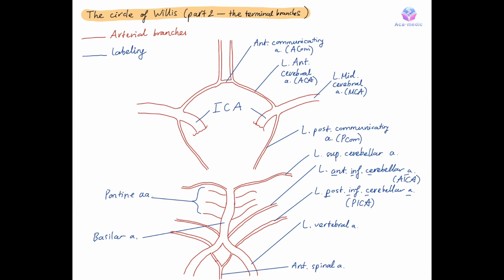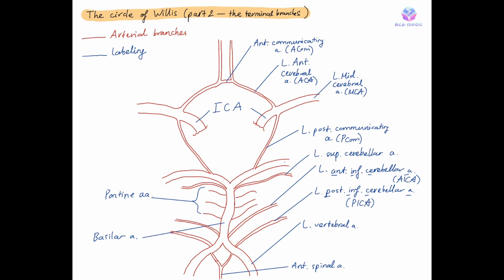After the superior cerebellar artery has already been given off from the basilar artery, the basilar artery will then give out its two terminal branches, and they will go on either side right there to the posterior part of the cerebrum, aka the occipital lobe. And so they are going to be the ones that will also anastomose with the PCOMs on either side like this.